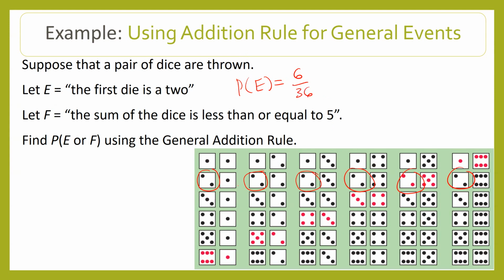Now let's look at F. The sum of the dice is less than or equal to 5.